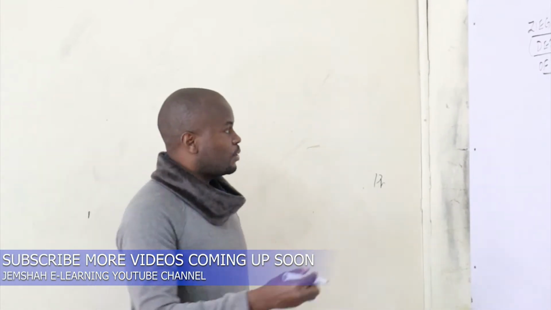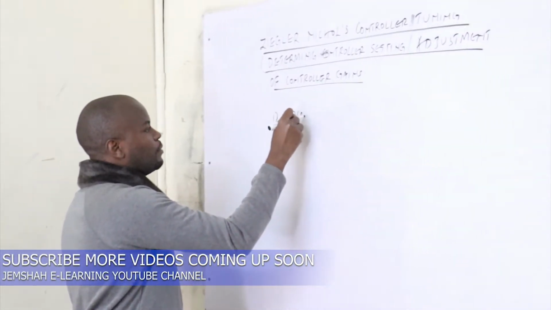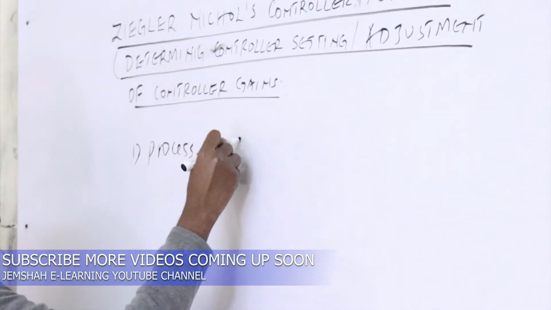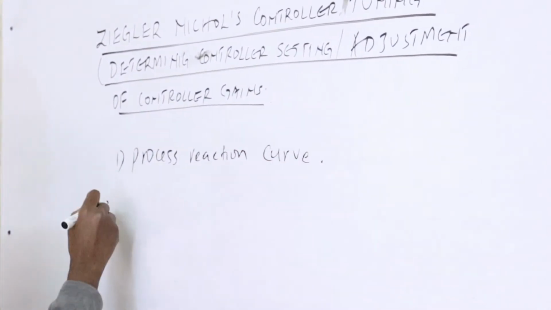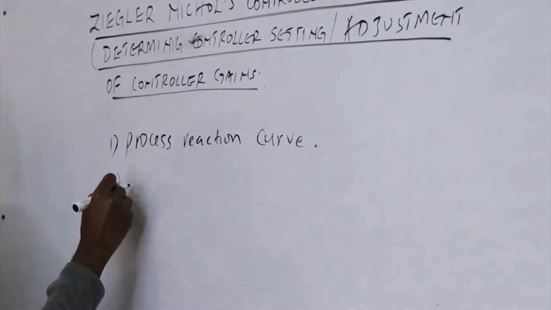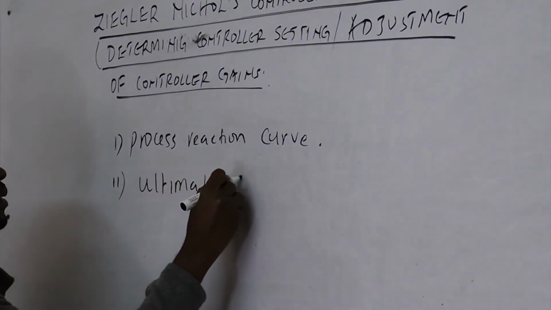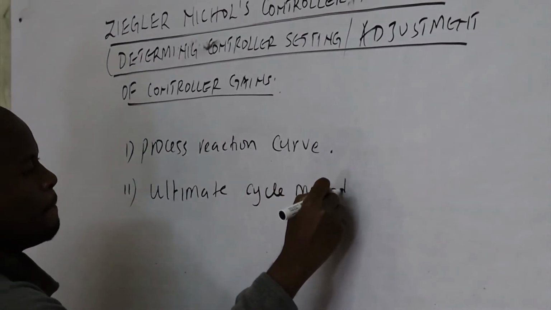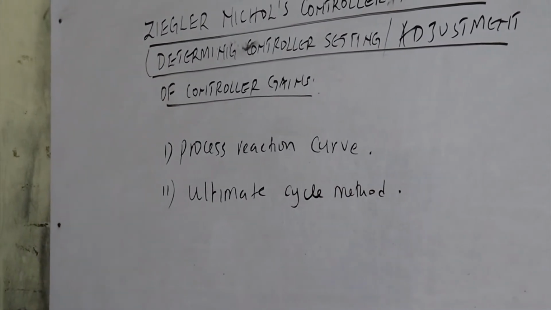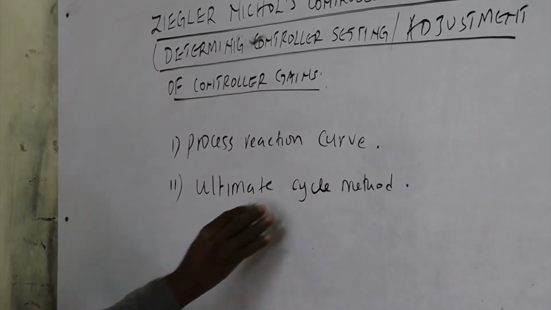The first method is the process reaction curve, and the second one is the ultimate cycle method. We are going to start by looking at the process reaction curve.